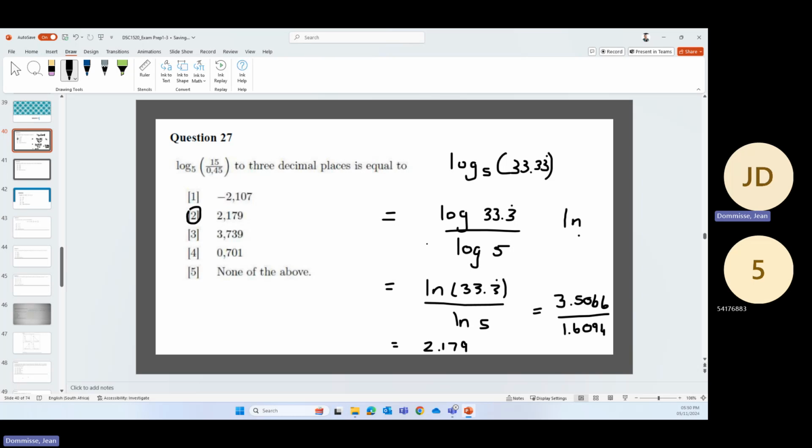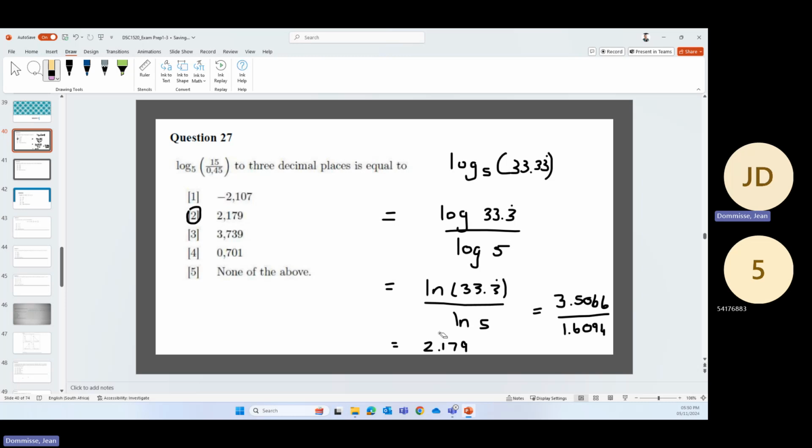Again, some of your calculators you can put in log 5, and then it allows you to put in the 33.33 or even the fraction. But if your calculator, like my HP, does not do that, this is a way that we will also be able to solve it: log 33.3 divided by log 5.